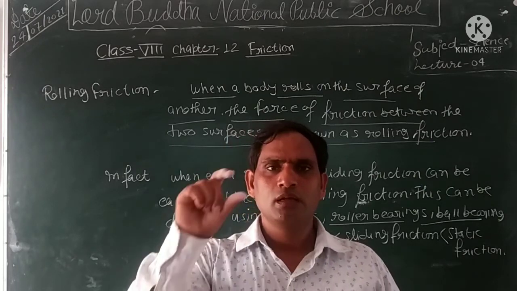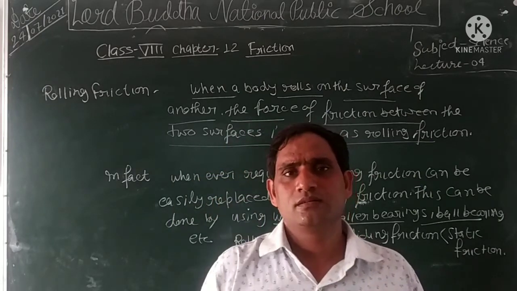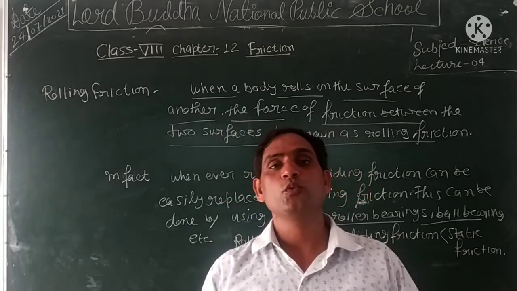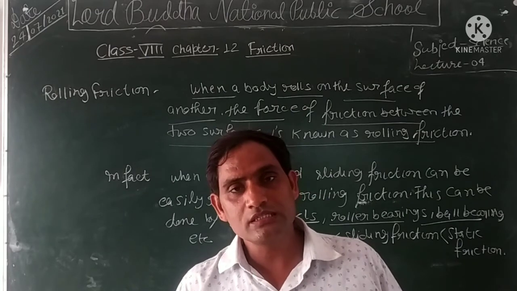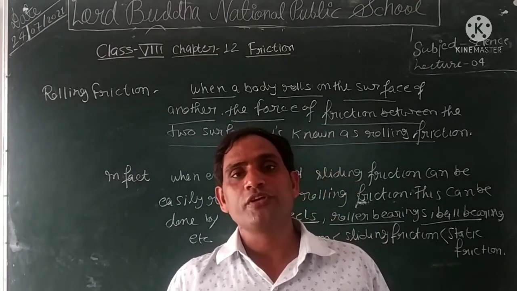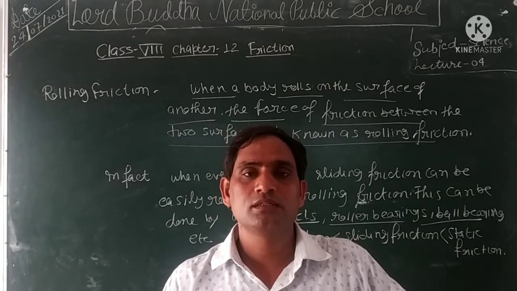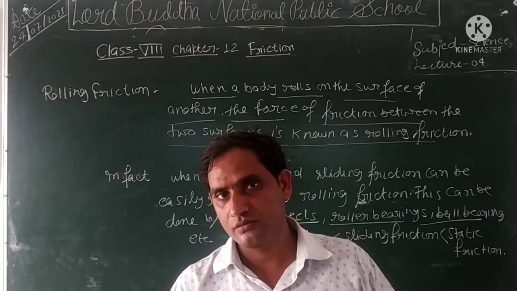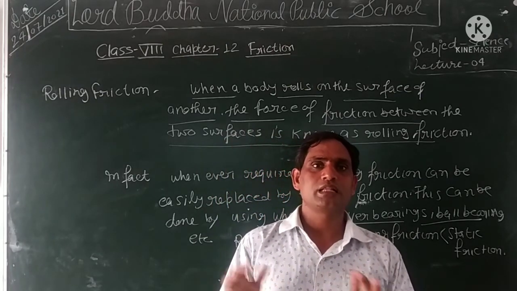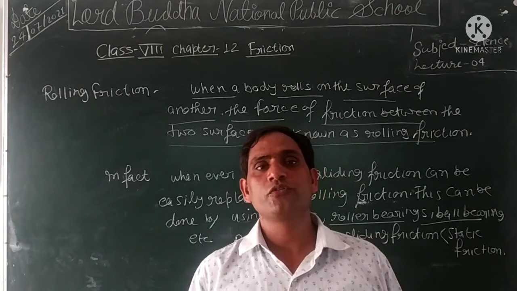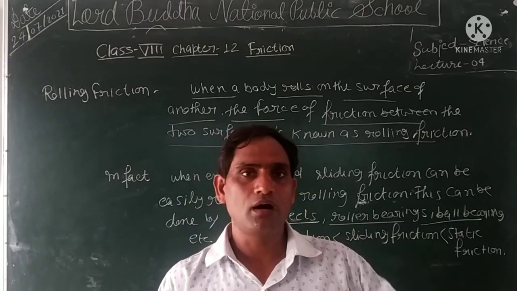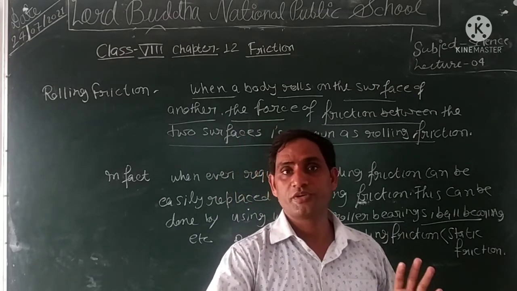But when wheels are applied, then you can drag it, pull it, very easily. In this way, it is clear that the rolling friction is lesser than the sliding friction. Means among the three, static, sliding and rolling, friction is the smallest in rolling.